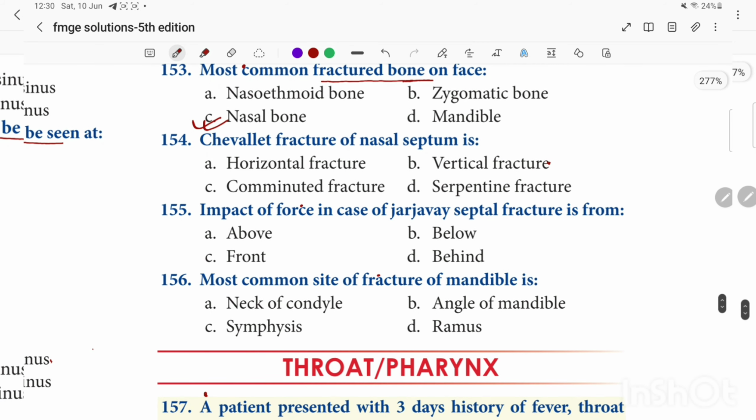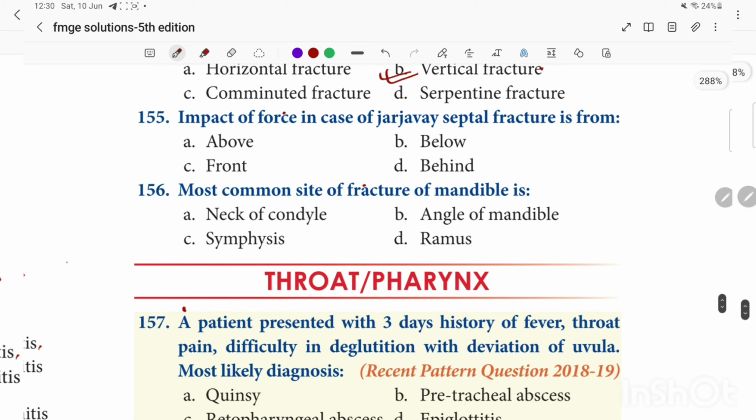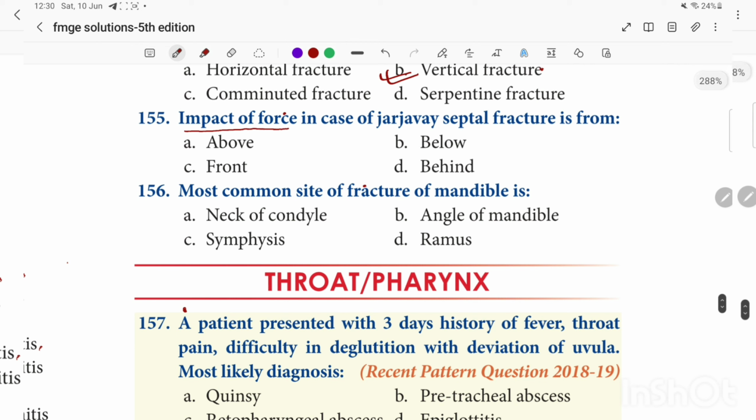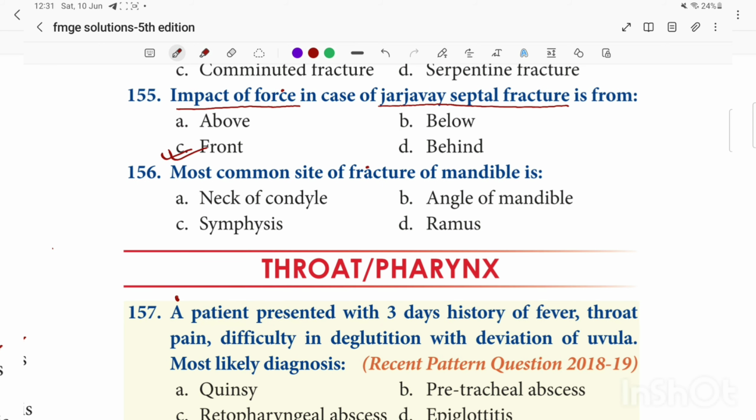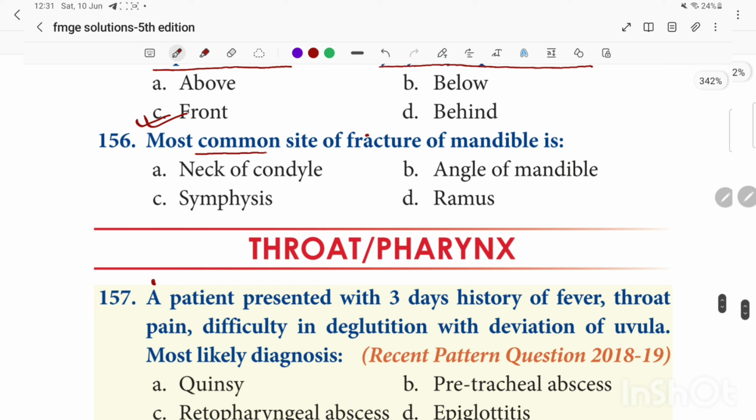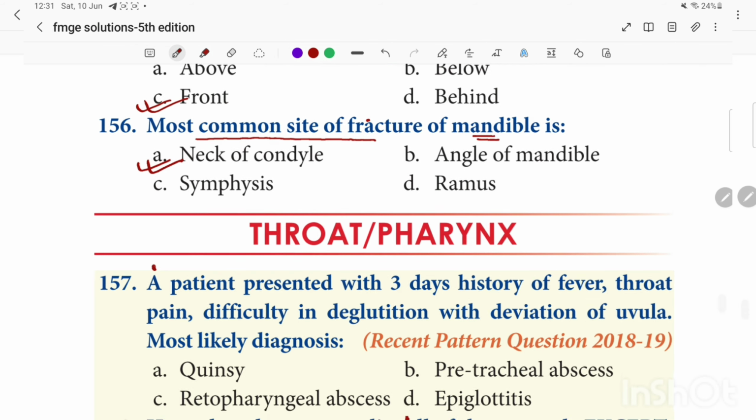Chevallet fracture of nasal septum is a vertical fracture. Impact of force in case of Jarjavay septal fracture is from the front. Most common site of fracture of the mandible is the neck of the condyle.